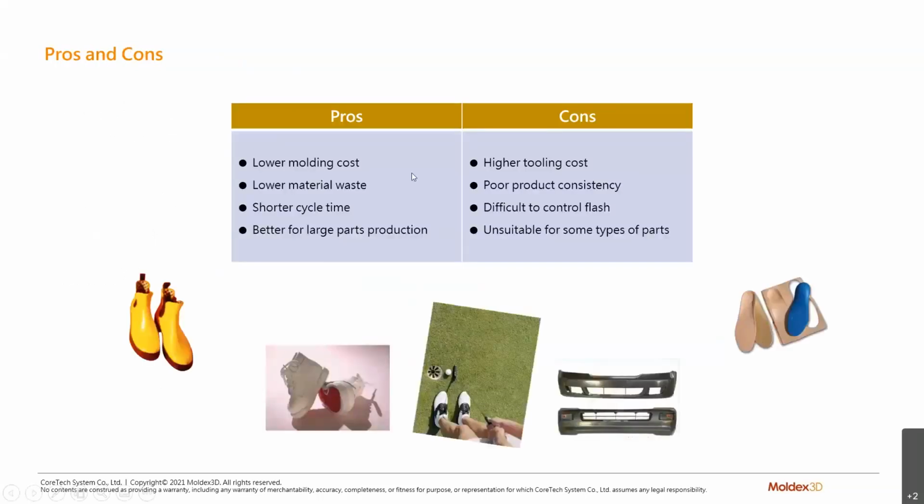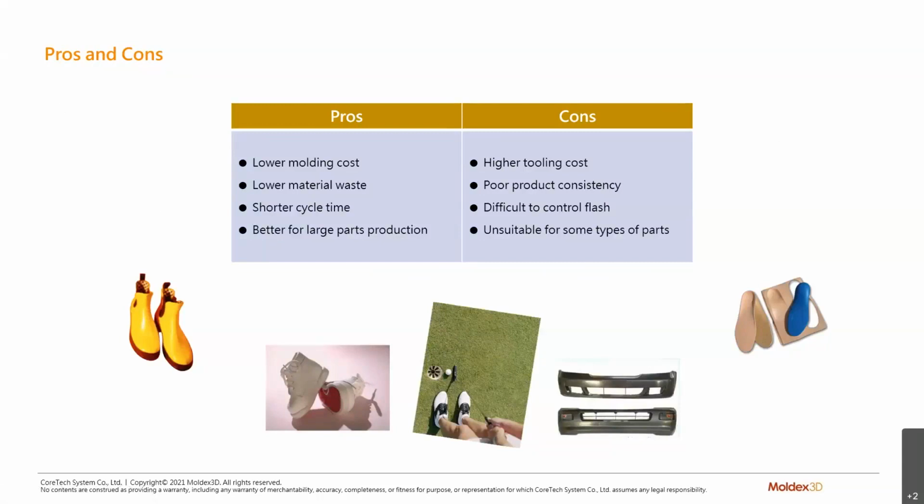So about the pros and cons compared to injection molding, the pros include a lower molding cost. Usually for injection molding, you need more drops, more hot drops, and a more complicated runner system.